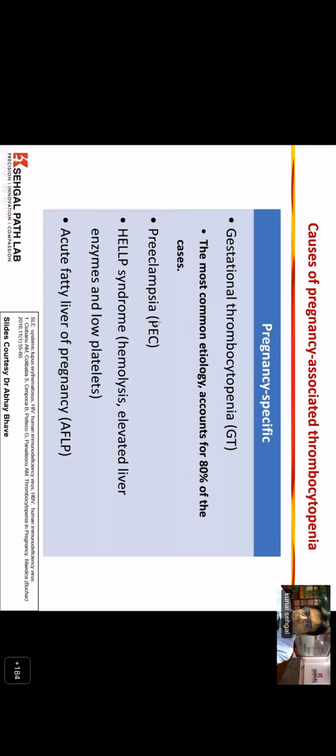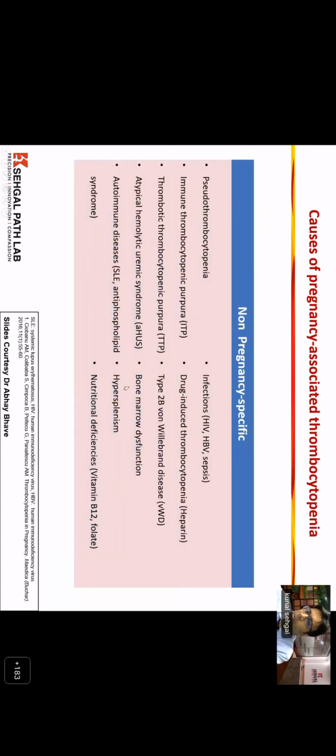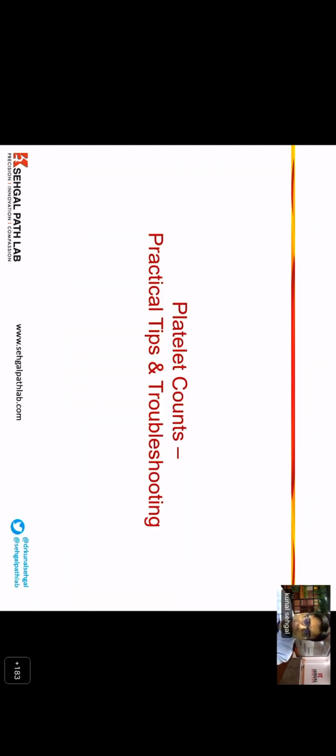Preeclampsia is a very important cause. A complication is HELLP syndrome, which is nothing but hemolysis, elevated liver enzymes, and low platelets. This is important to recognize. So, in a pregnant patient with thrombocytopenia, look for hemolysis, look at liver enzymes, look at liver function tests, and then there is acute fatty liver of pregnancy. The other non-pregnancy-specific causes can be any other cause which we had discussed earlier.